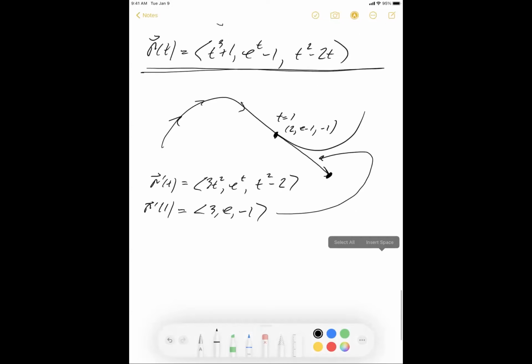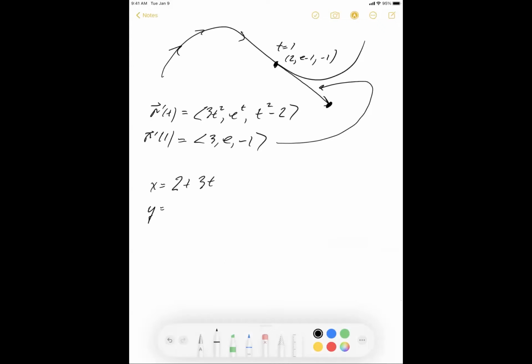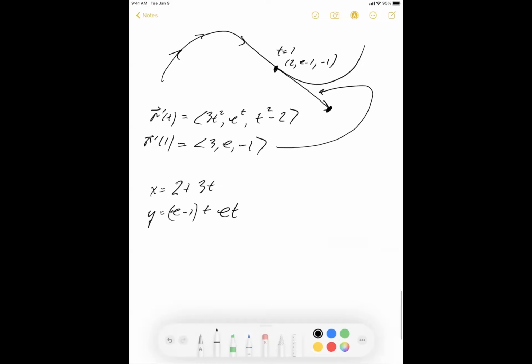The tangent line, parametric equations, is going to be x equals 2 plus 3t, y equals e minus 1 plus... Isn't R prime of t the z component 2t minus 2? Oh, did I screw something up here?